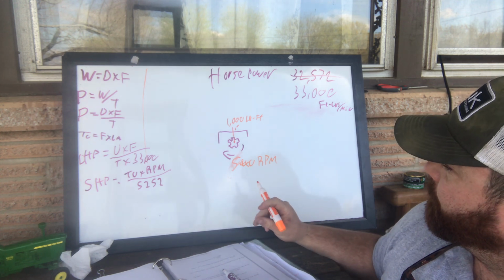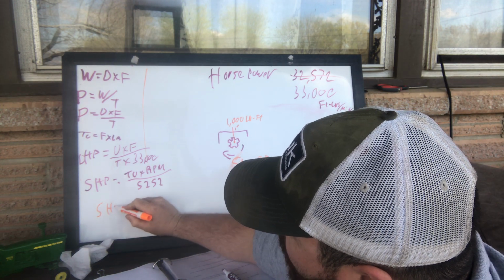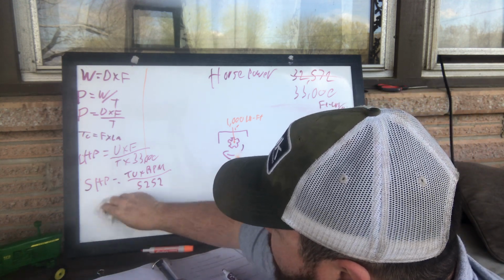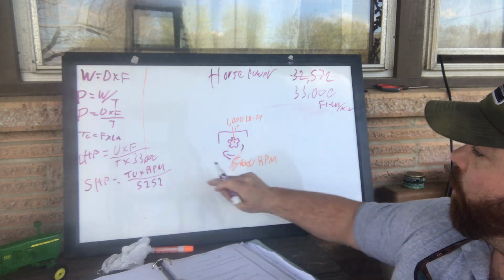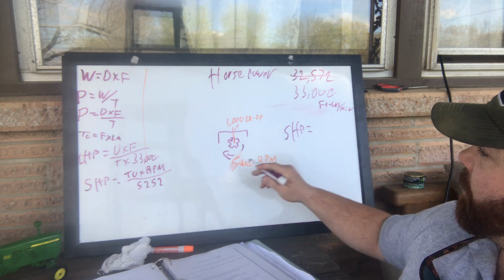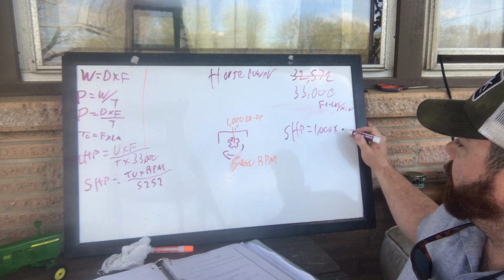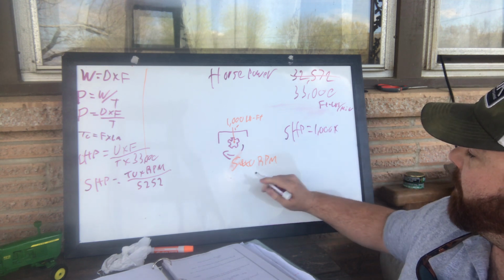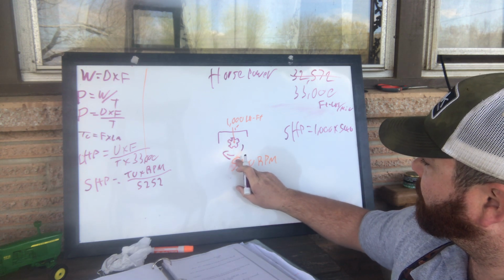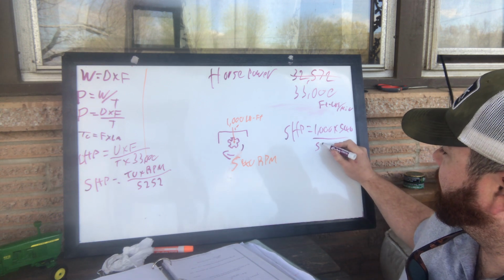So what we'll do, we'll take for shaft horsepower, oh, sorry, I don't want to do it that way. I'll write it here where you can use it a little better. So if we solve for this, shaft horsepower equals 1,000 times RPMs of 540 divided by 5252.